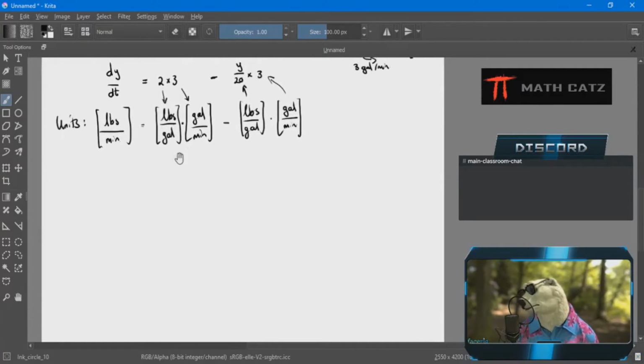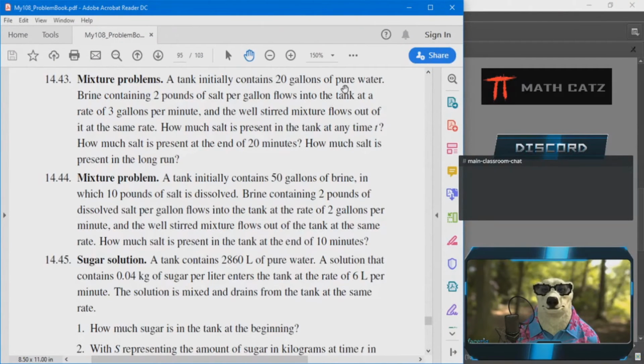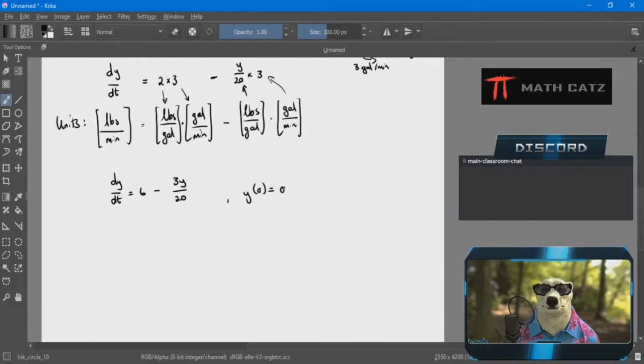Let's rewrite this to dy dt equals 6 minus, now the fraction is a little unfortunate, 3y over 20. And my initial amount, they say initially it contains 20 gallons of pure water, so there is no salt in the tank. So there's my differential equation.